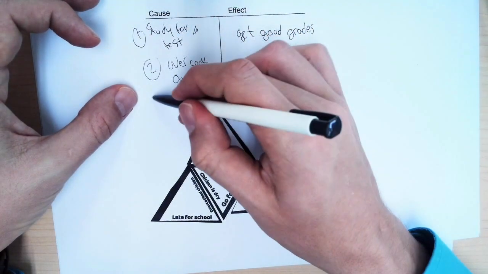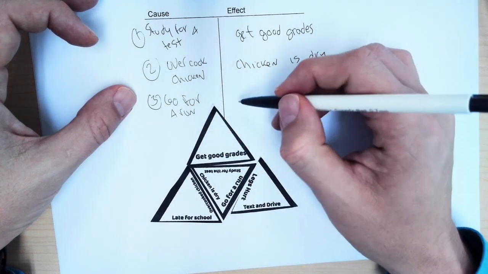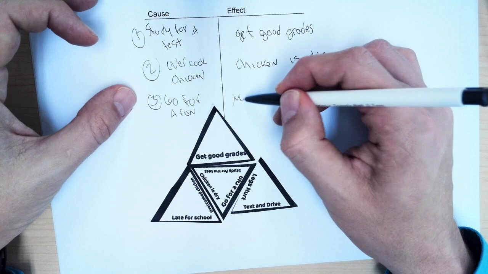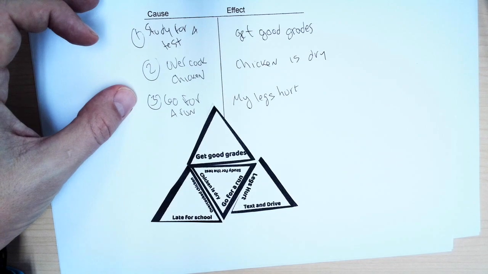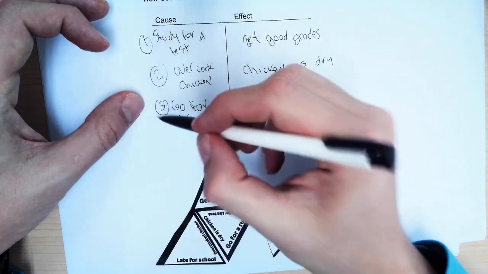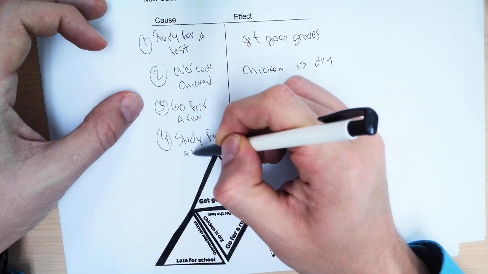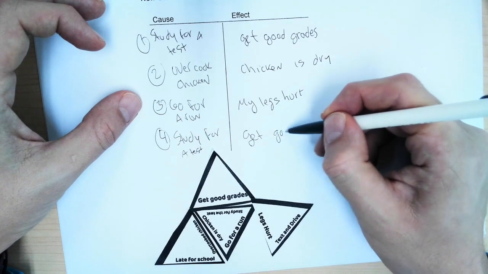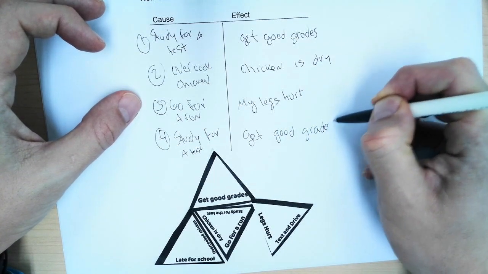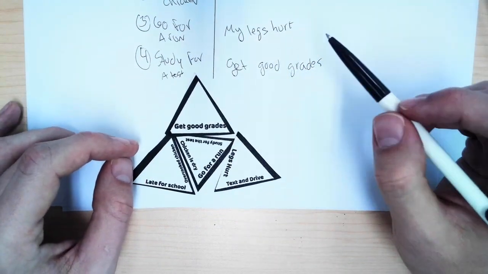If I go for a run, then my legs hurt. I think that's the only one. Oh, I missed the one: if I study for a test, then I get good grades. Cause and effect. If, then.